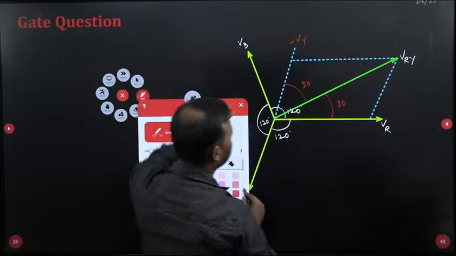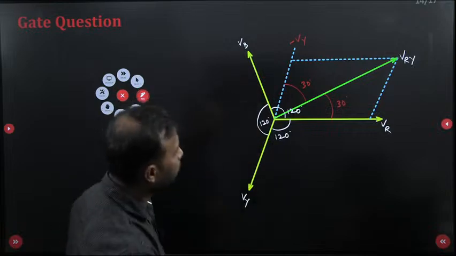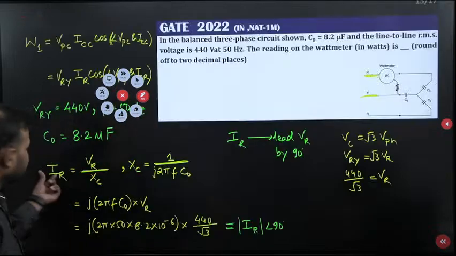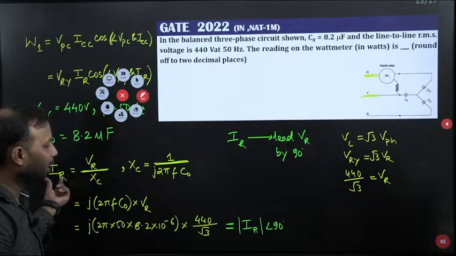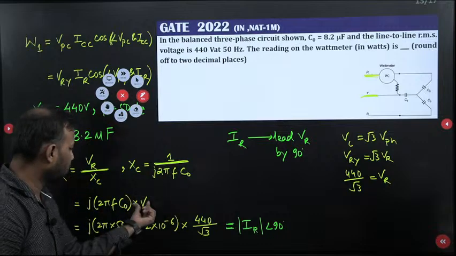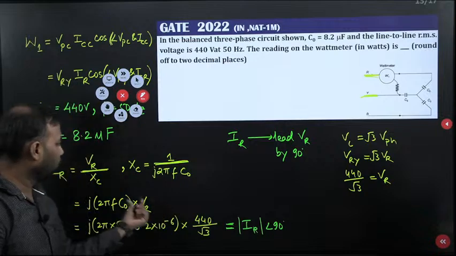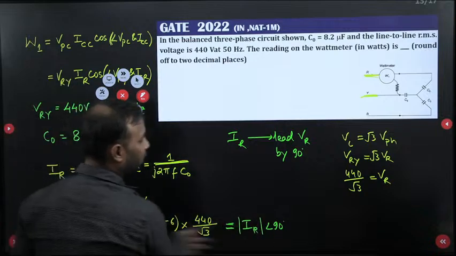All right. So this IR is leading the VR. Here VR I have taken as a reference. IR will lead VR by an angle of 90 degree. So where is VR?